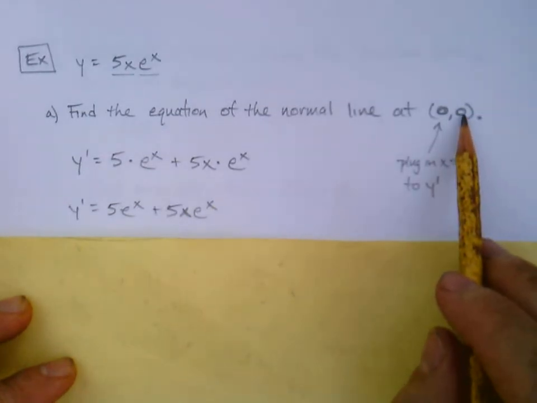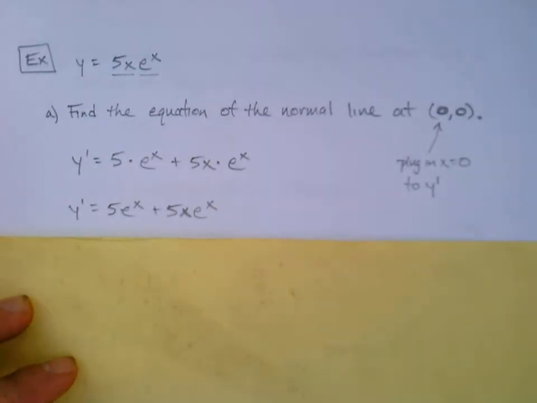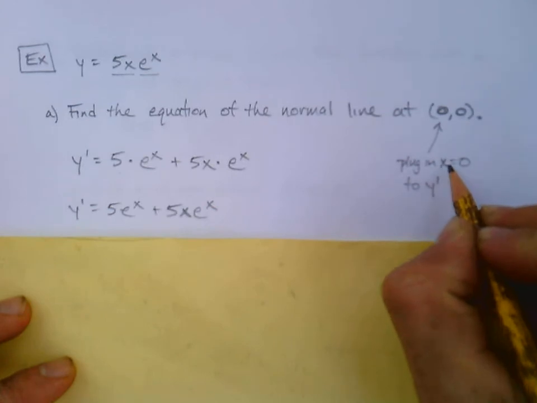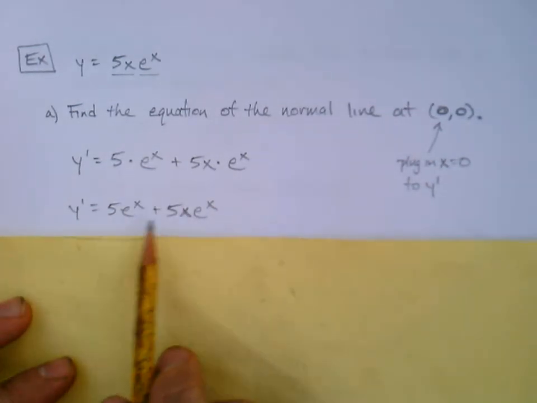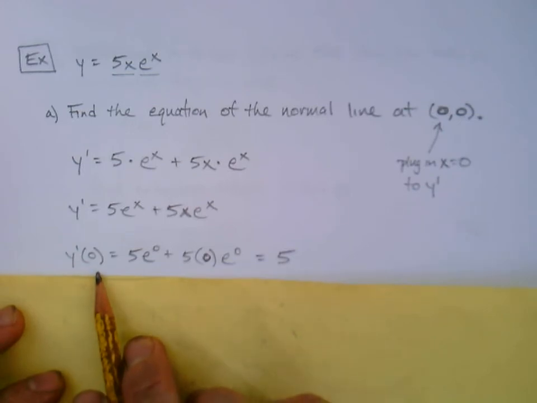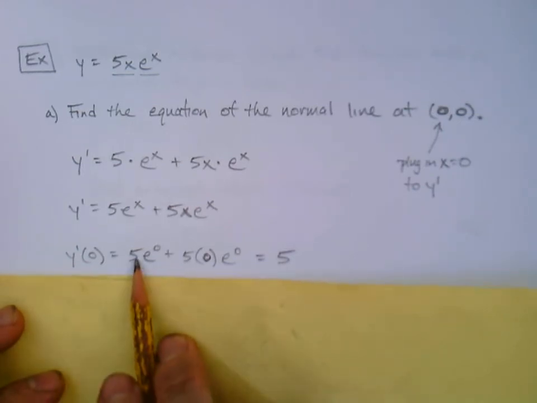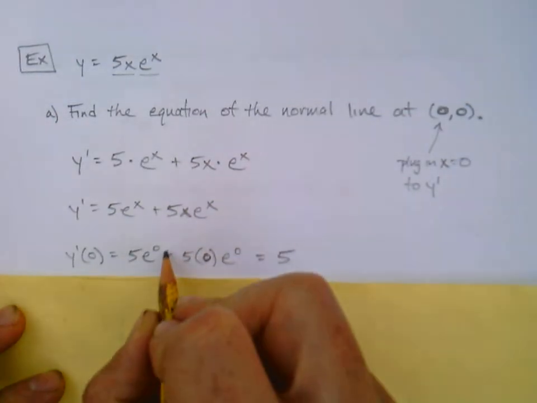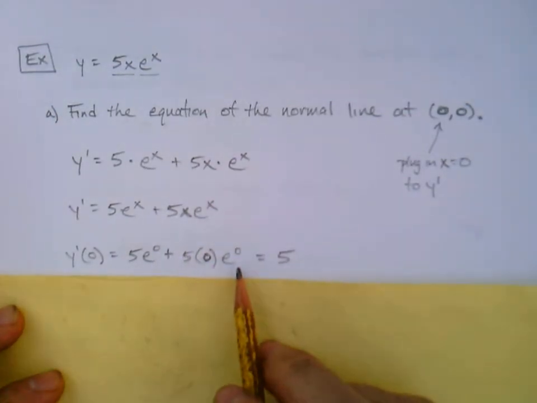We can ignore the y value for the time being. So 0 goes in, so you might call that y prime of 0. That would be 5 e to the 0 plus 5 times 0 e to the 0.